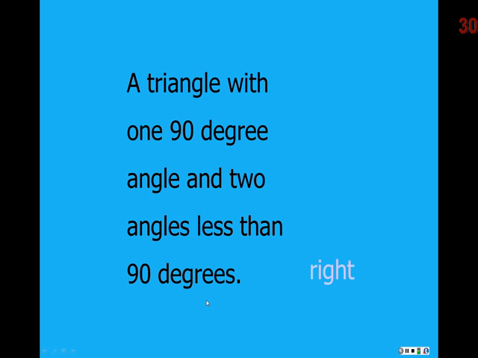Okay. If you guys don't read carefully, you're going to get some of these problems wrong. It has to have one 90-degree angle. Come on, we did a whole bunch of stuff with right triangles.